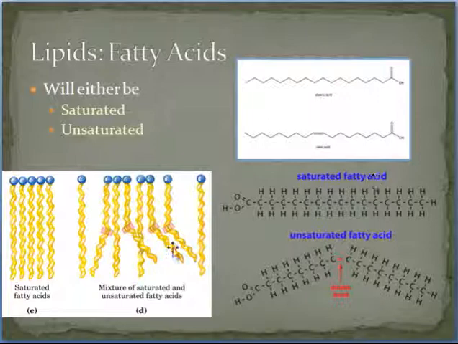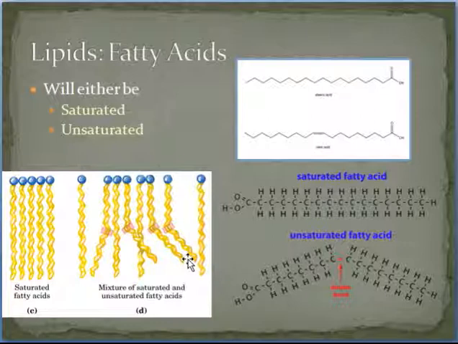So you can see in this one we have a bunch of yellow and blue fatty acids, where the blue dot is this carboxyl group, and the yellow is what the carbons are doing. When they're saturated, when they don't have any kinks, they line up very nicely. If they're unsaturated, like a lot of these are, not all of them, but the kinked ones are unsaturated, and they don't line up as nicely.